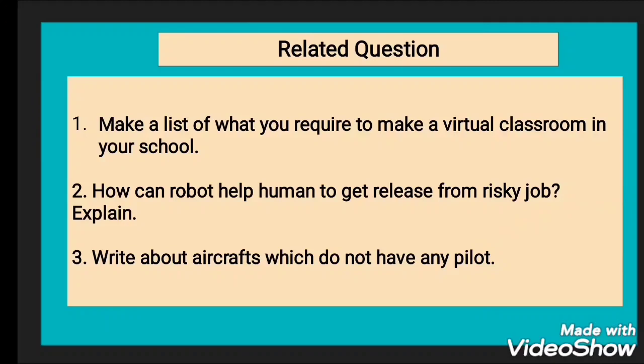Here you will write the necessary requirements to make a virtual classroom. Number 2, how can robots help humans to get released from risky jobs? Explain. Yes, my dear student, here you can write the advantages of robots, and how humans can get released from risky jobs.